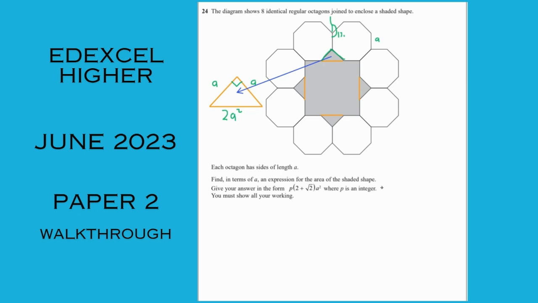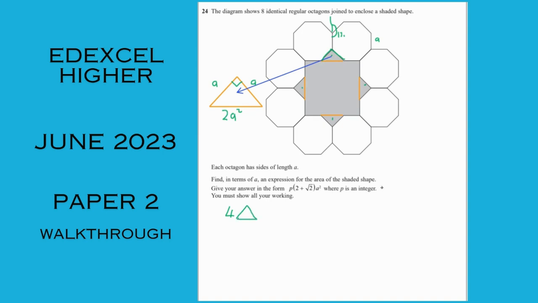Okay, moving on. So that means there are 4 triangles. I'll use that as my starting point to start working on area.